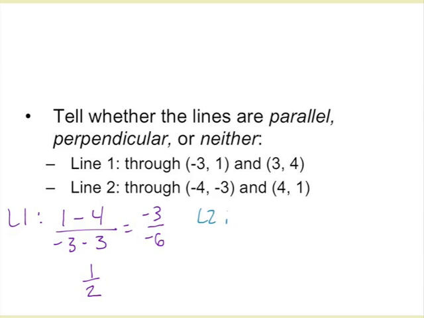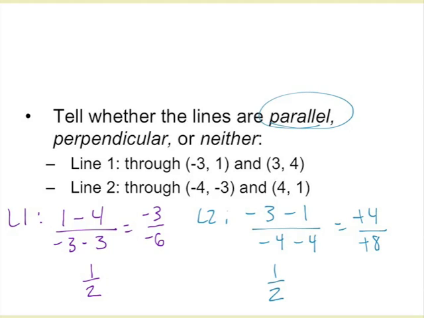Line 2, negative 3 minus 1 over negative 4 minus 4 gives negative 4 over negative 8. Double negatives cancel, reduces to 1/2. So for both line 1 and line 2, we got an answer of 1/2. That means these lines are parallel. They're rising and running at the same rate, so they're never going to run into each other.